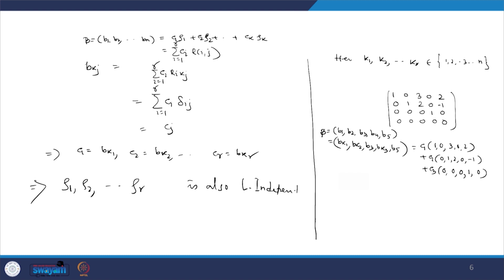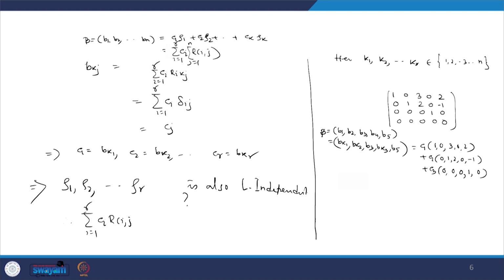How? Because if I consider a linear combination of these, sigma c_i r_ij, i equal to 1 to r, for j equal to 1 to n.